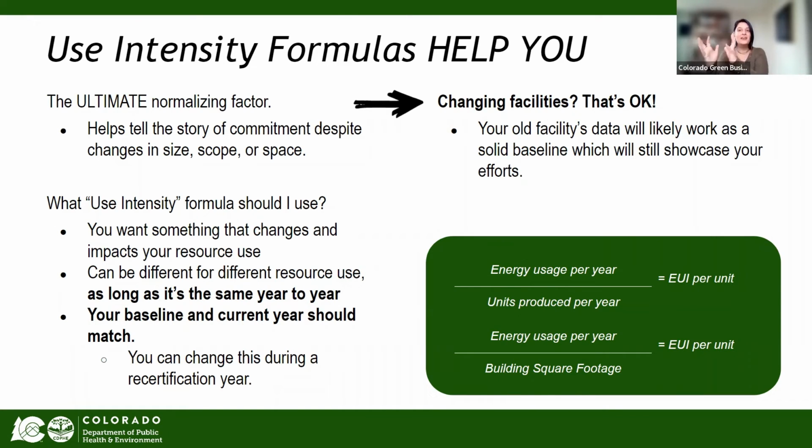We put a ton of effort into efficiency upgrades in that space before we moved in. So the comparison might be, well, now we're at 20,000 square feet, but our energy use per square foot has gone down significantly because of all the upgrades we made to that new space. So you can also showcase changes from facility to facility if you're using a per square foot use intensity formula.